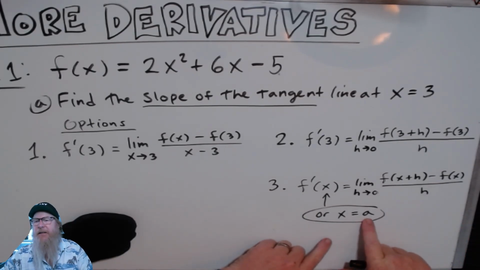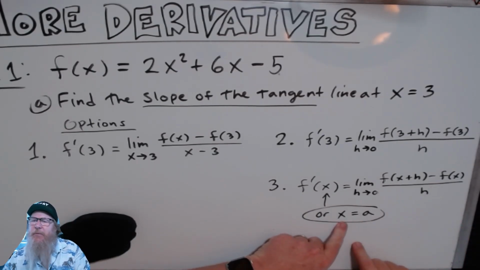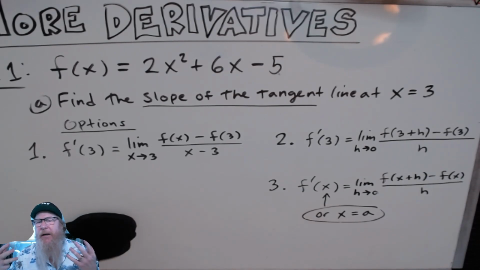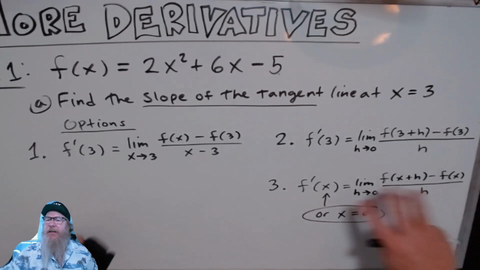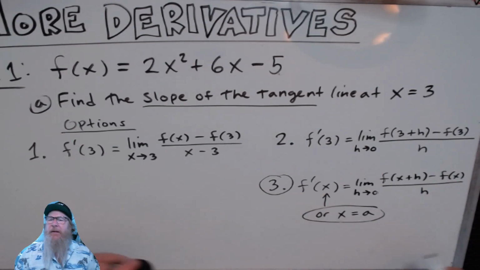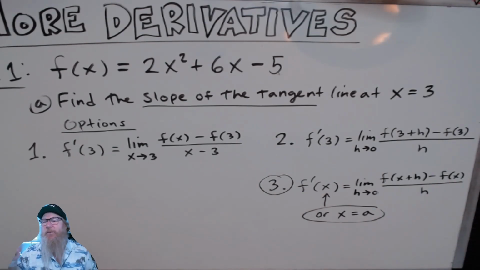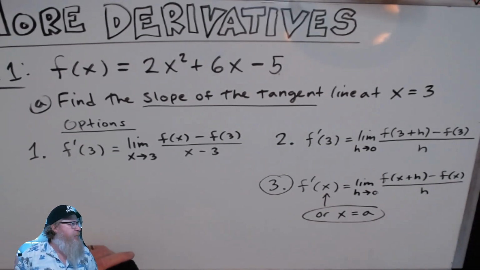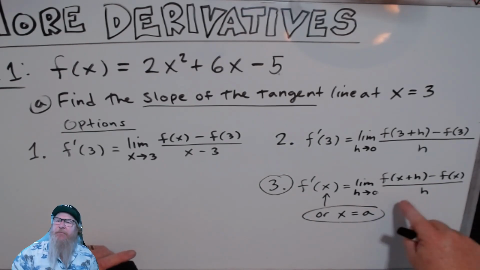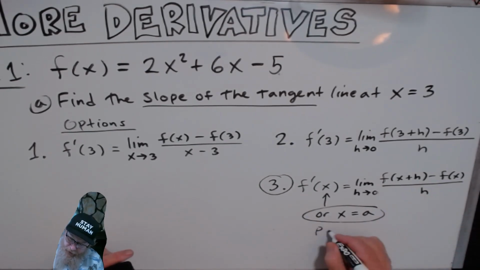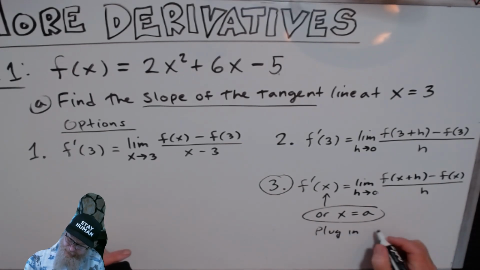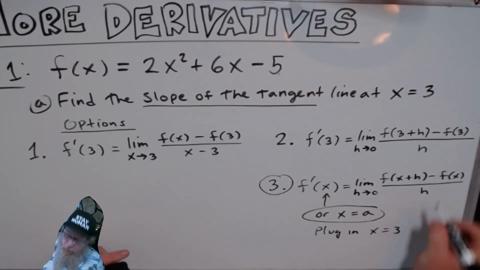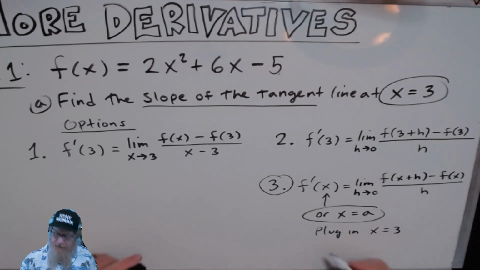Sometimes I do it using the letter a, and sometimes we do it with the letter x. But as I demonstrated in the last video, this third option gives you the same result, just with a different variable. Now, the only downside to using option 3 is you have to plug in x equals 3 or whatever value you have at the end.